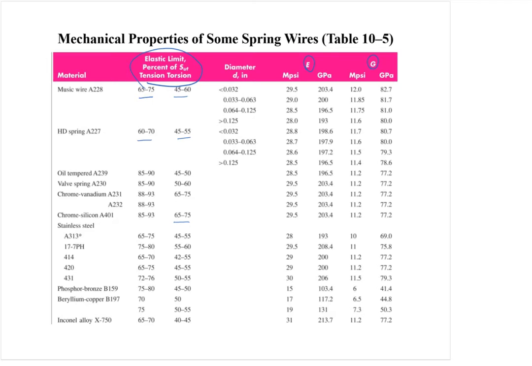And they're giving this to you in two different ways, in tension and torsion. So this would be for S sub y, this would be for S sub sy, as a percent of SUT.